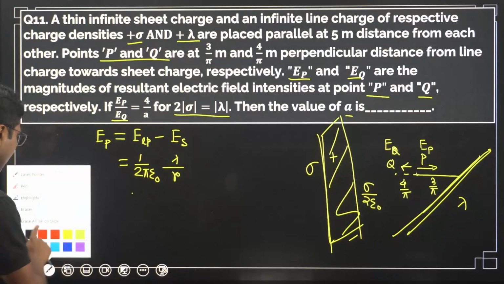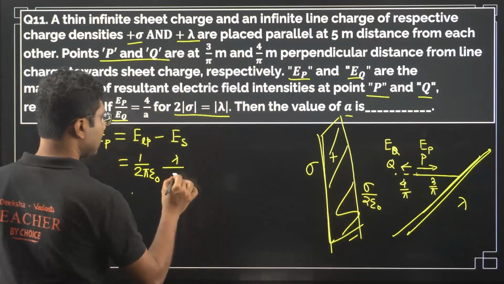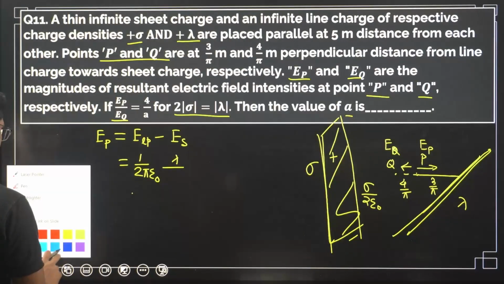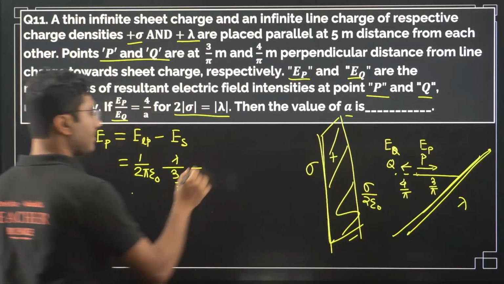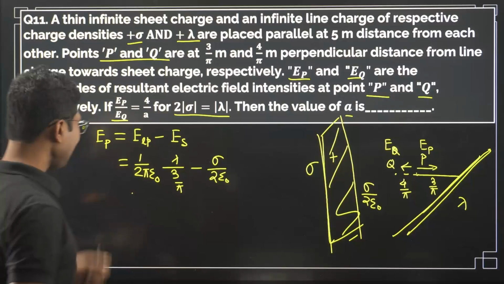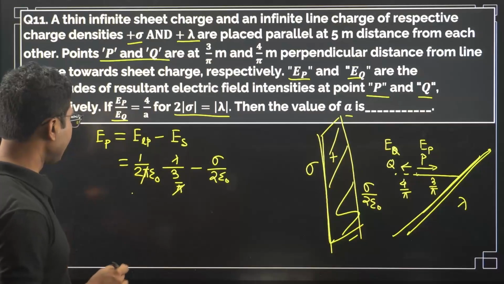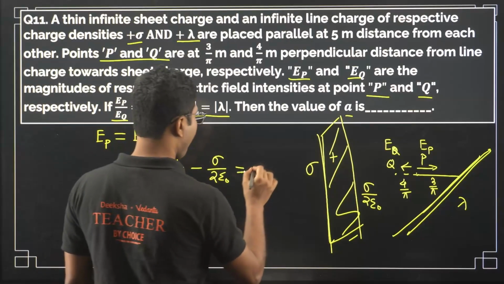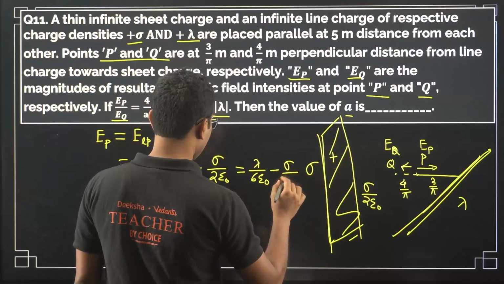Now what is r over here? r is given by 3 by pi, and this is given by sigma by 2 epsilon naught. Obviously this pi cancels, we get lambda by 6 epsilon naught minus sigma by 2 epsilon naught.